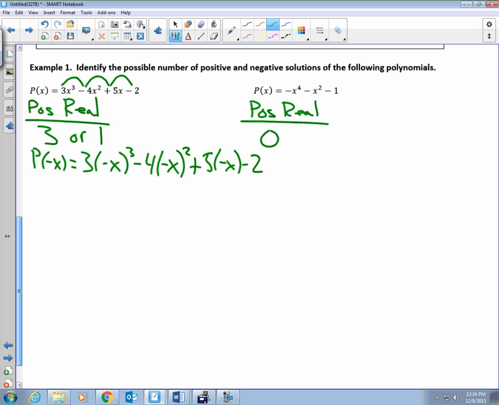Negative x to the 3rd, so I get negative 3x to the 3rd. Negative x squared is x squared times negative 4 is negative 4x squared. 5 times negative x is negative 5x, minus 2.